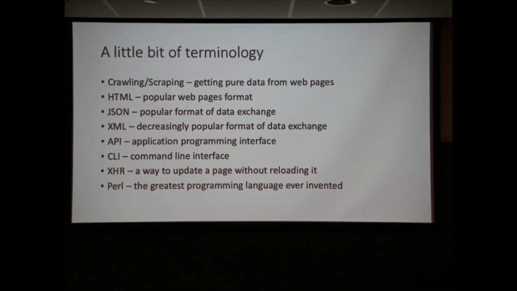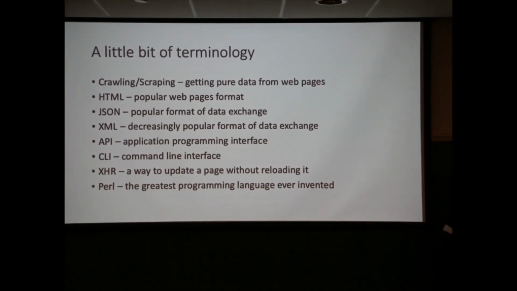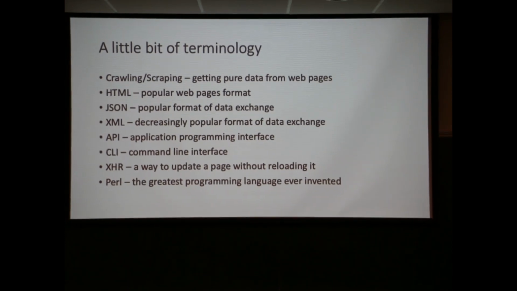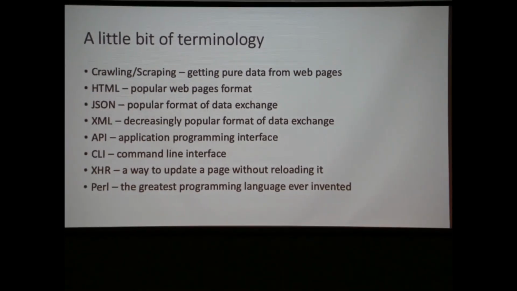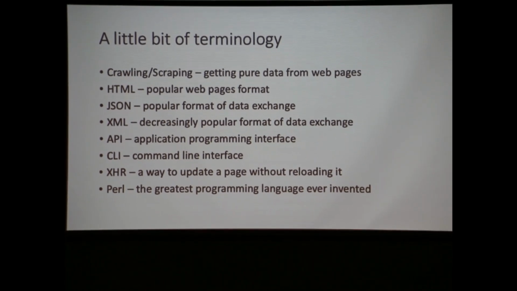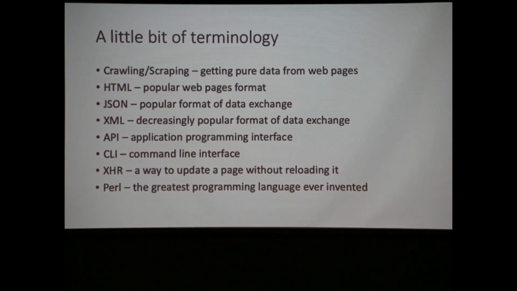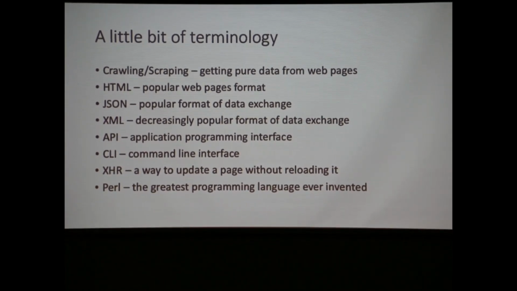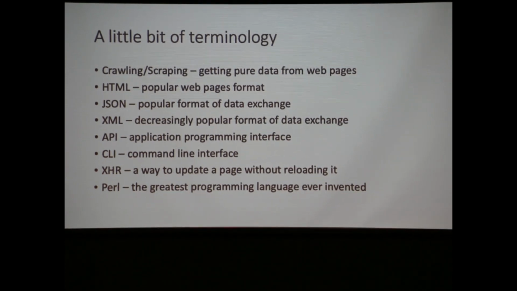The acronym API stands for Application Programming Interface, and it's a protocol that is devised for applications to exchange data. The acronym CLI is command line interface, because if you want to get some data in an automatic way, you need a tool that will run by itself from the command line, or even in the absence of a command line.